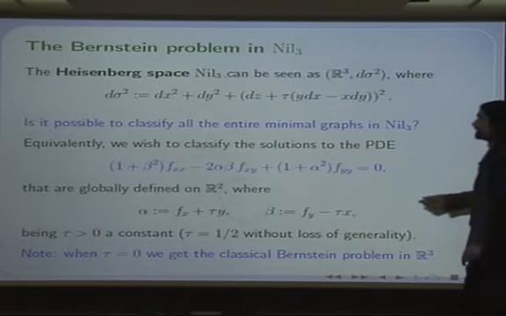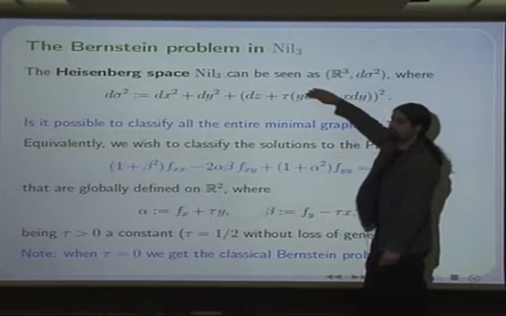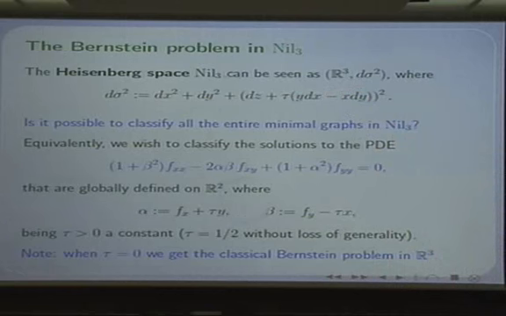This is not surprising, because when tau goes to 0, you have the Euclidean metric. So in some sense we are perturbing the classical Bernstein problem in R3 into the context of Heisenberg space. It would be natural to think that, as in R3 you only have planes, maybe in Heisenberg you will still have only planes, because R3 is like a limit situation.